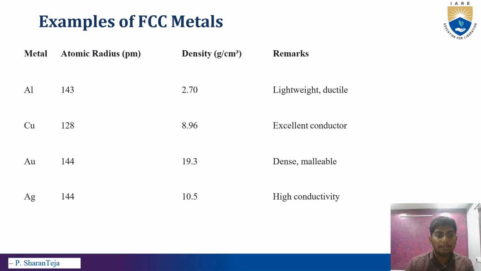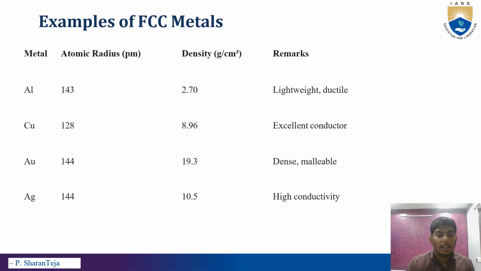is an excellent conductor. Metal like gold (Au) has an atomic radius of 144 pm and density of 19.3 grams per centimeter cube, and it is very dense and malleable.